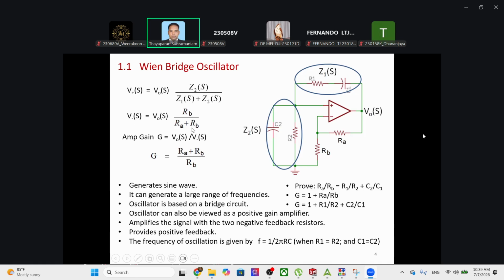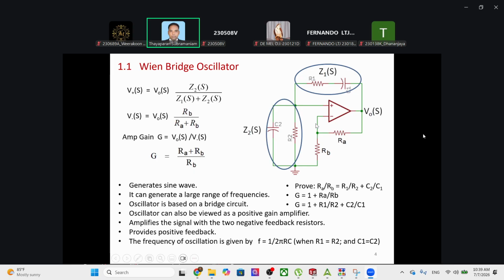What is the assumption when writing this equation? We ignore the current through the inverting terminal. Right? Then only we can write it like this. So in order to have the first and second equations valid, the current through the inverting terminal and non-inverting terminal must be negligible, less than 1% compared to the current in the relevant path.